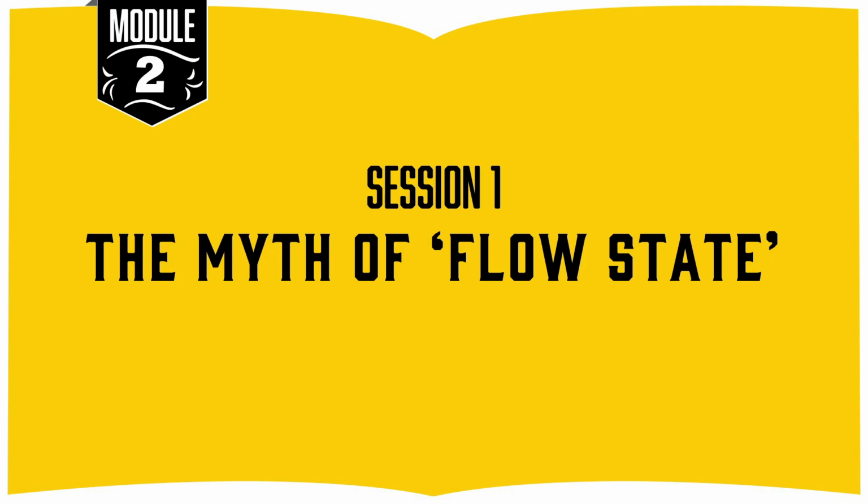So one of the things I want to talk about in this overview lesson is the myth of flow state and how that can get in our way when we're creative people. So what do I mean when I talk about flow state?